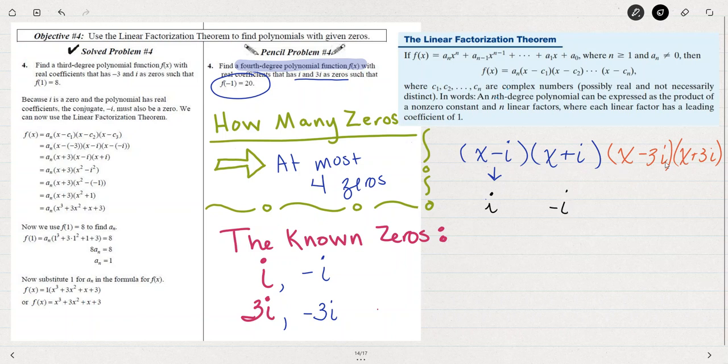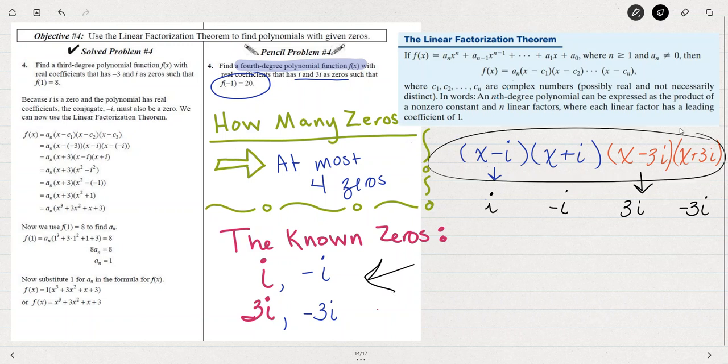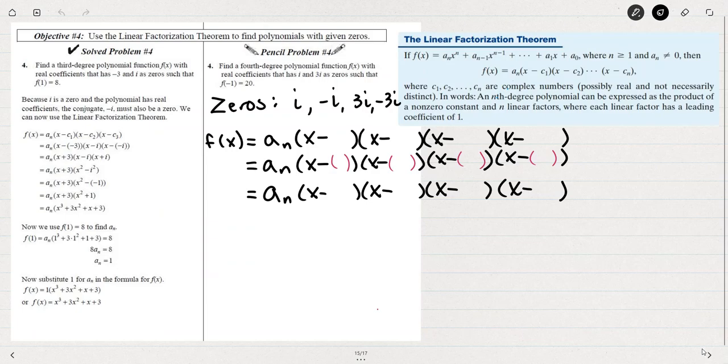If I set x minus 3i to 0 or x plus 3i to 0, I'd get the zeros 3i and the negative 3 times i. So I can take these zeros and work backwards from that to get the factors. What we're going to do next is write those factors. We'll take those factors and multiply them together until we can develop an idea of the polynomial.